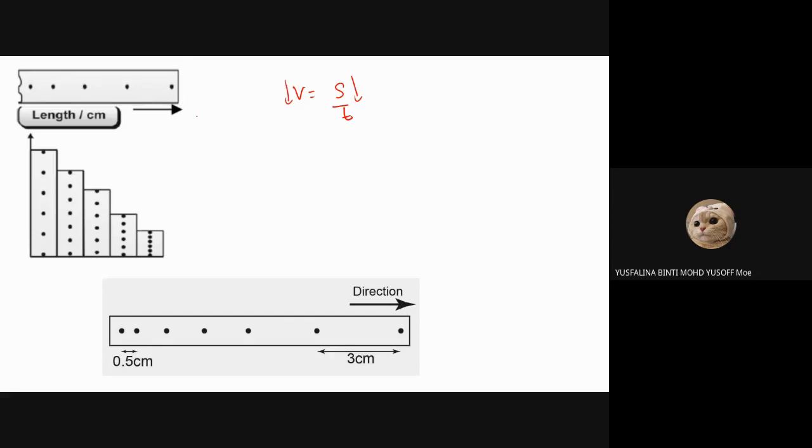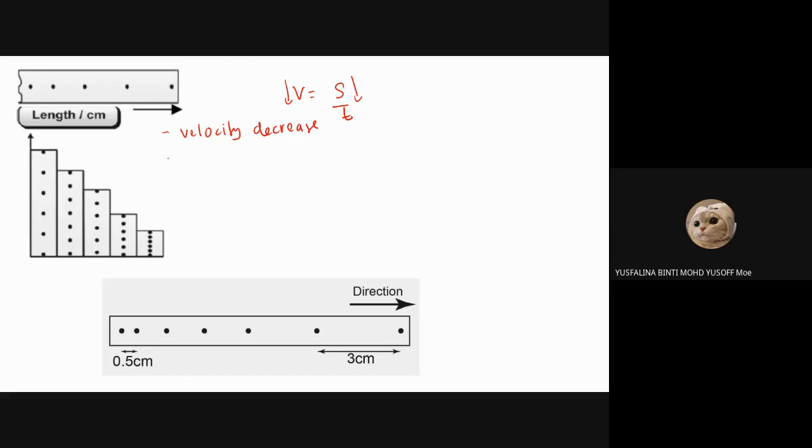So this one is velocity decrease. If the velocity decreases, what about the acceleration? Anyone? What is the acceleration here? Deceleration. Yes, very good.